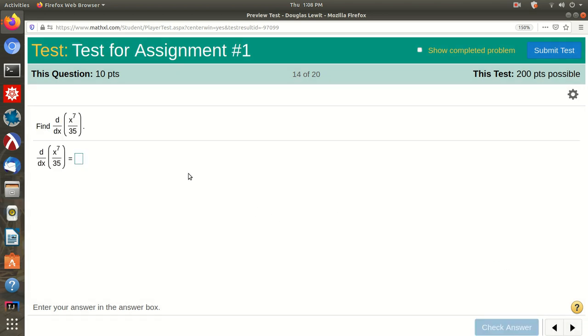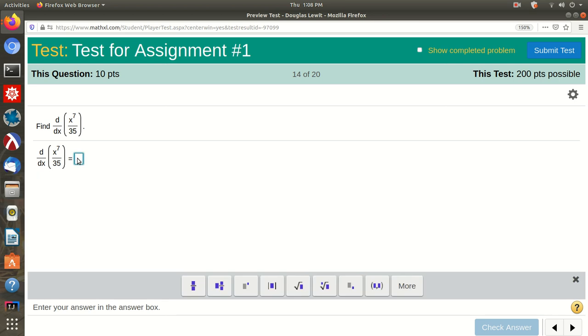What is the derivative of x to the power 7 over 35? Well, this is the same thing, really. It's simply 1 over 35 times x to the power 7. So the 1 over 35 does not go away. And then that's going to be times the derivative of x to the power 7, so 7x to the power 6.